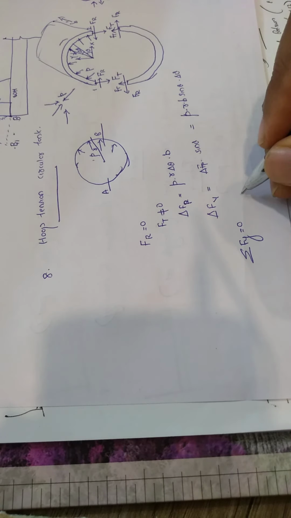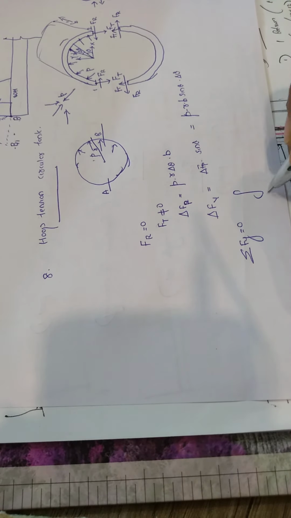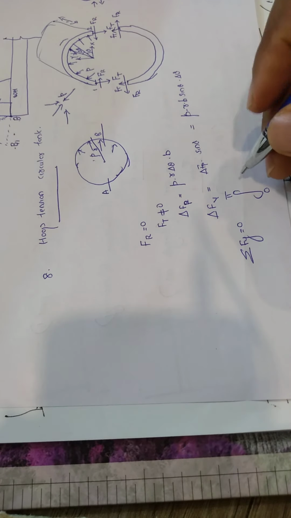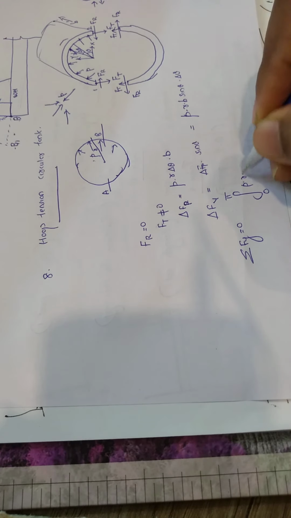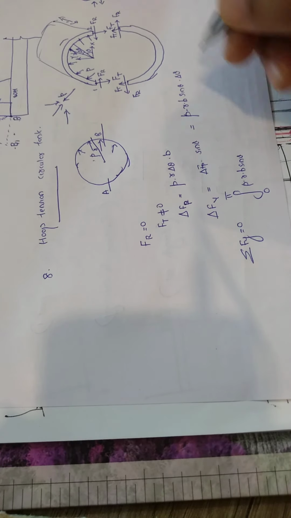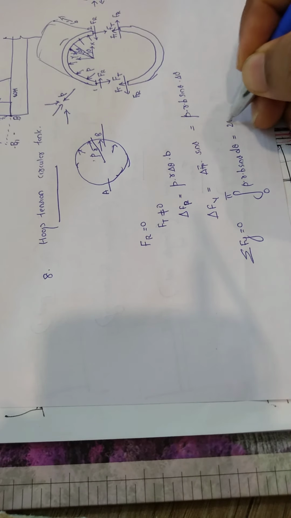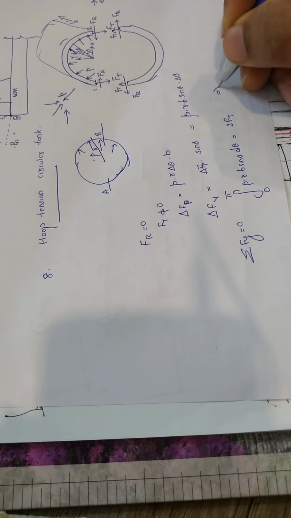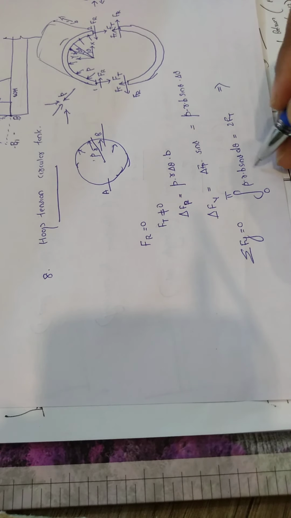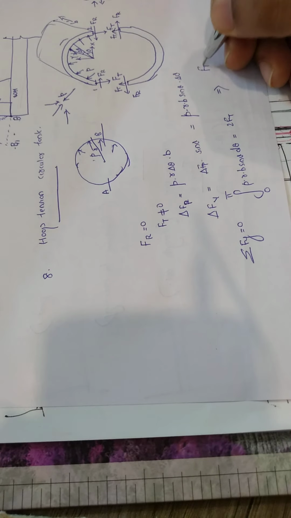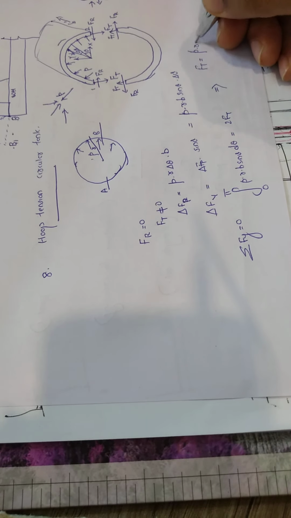So, taking the limits from 0 to pi, the integral of P r b sine theta d theta is equal to 2Ft. Integrating sine theta and putting in the limits, I get Ft equal to P r into B.